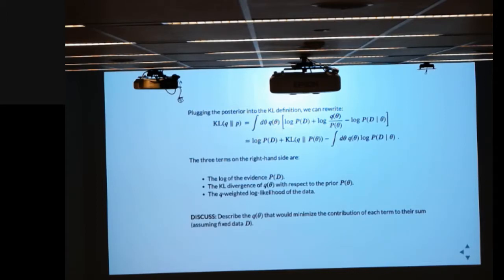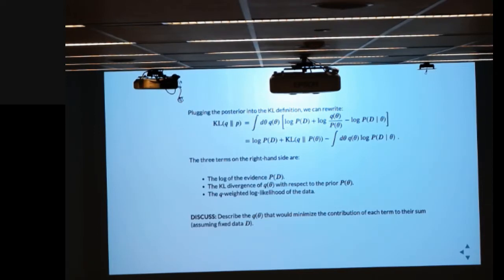And so we end up with three terms like this. This is just a constant, so the integral over q just gives us 1, and we get that piece here. The piece in the middle is going to be q log q over big P, which is just the definition of the KL divergence, but it's not the KL divergence of our family with the posterior, it's our family with the prior.